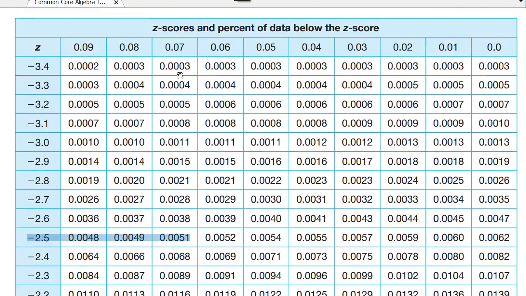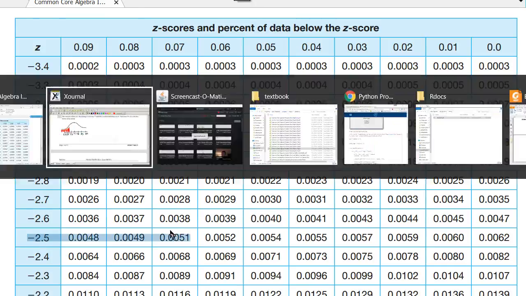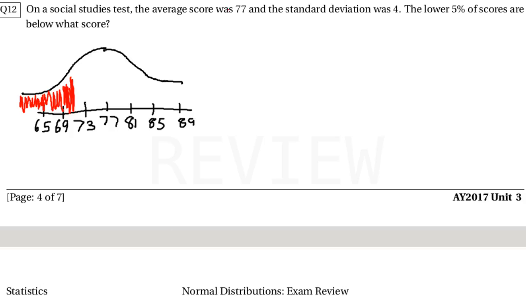So taking a look at what column those are in, that's going to be negative 2.507 or 08, so negative 2.5, and I'm going to go with 7. So in this case, that means the z-score that I'm going to use for this is negative 2.5, and then I said that I was going to use 7.